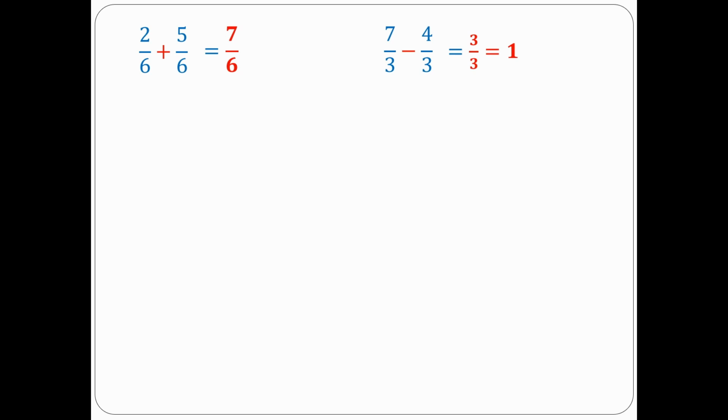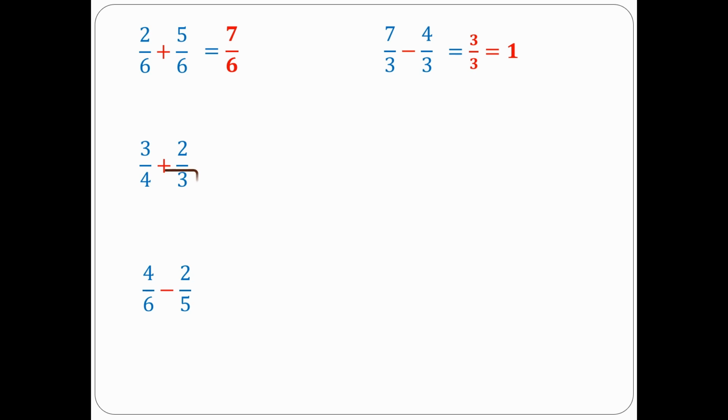Now how about if we have fractions with different denominators, like 3 over 4 plus 2 over 3, and 4 over 6 minus 2 over 5? How can we work on this kind of fractions? I will show you a simple technique.